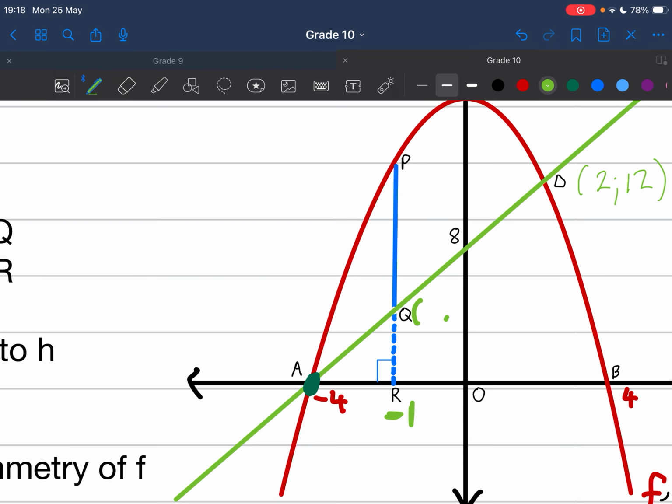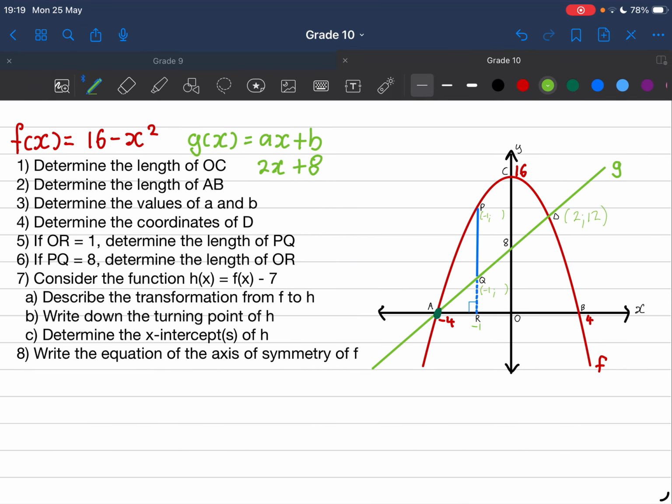So if this is -1 and something, and P is -1 and something, we just know that everything has to be -1. So R is going to be -1. Q is -1 and something, and P has to be -1 and something. All right, because all the x coordinates on that vertical line have to be the same.